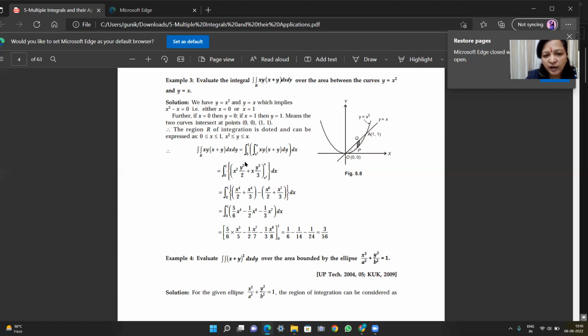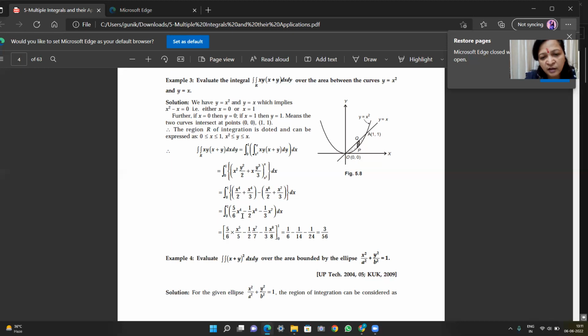So we integrate with respect to y, integrating only the y terms, x will remain constant. Now after integration, putting the limit x square to x, we get this integral. Now here we can see that all the variables are in x form.